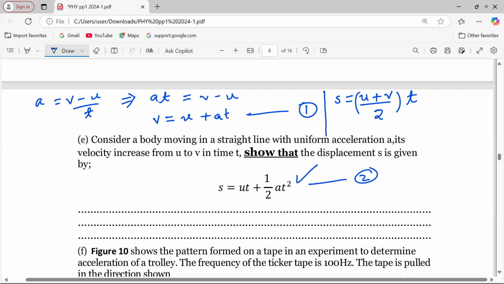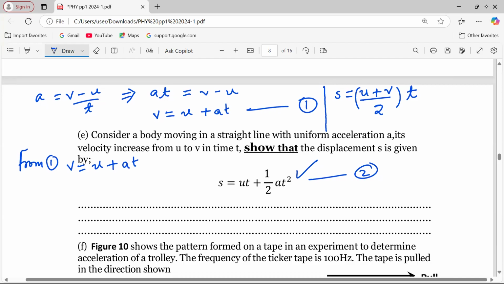But now we can say from equation 1 of linear motion, v is provided by u plus at. So now, in our expression for s, instead of v, we substitute v with u plus at, everything over 2, multiplied by time t.